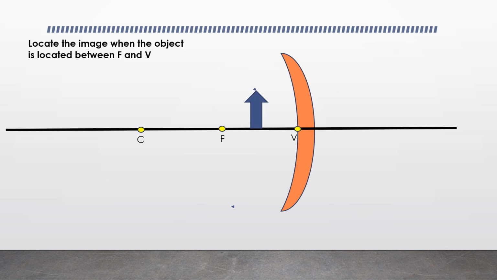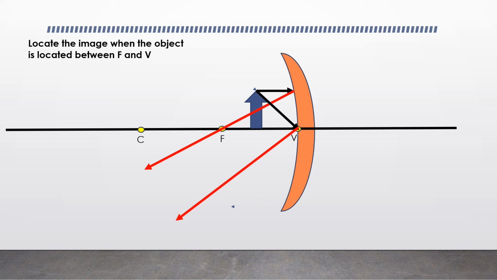What if the object is located between F and V, between the focus and the vertex? Okay, try to apply P to F. The incident ray is parallel to the principal axis and reflects at the focus. Then apply the V ray. Okay, the incident ray directs to the vertex and reflects at an equal angle.